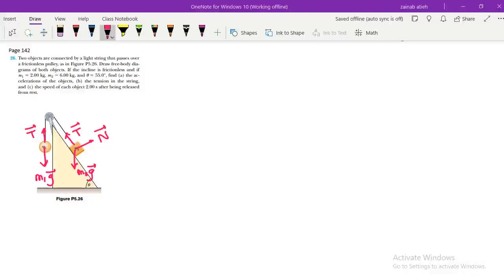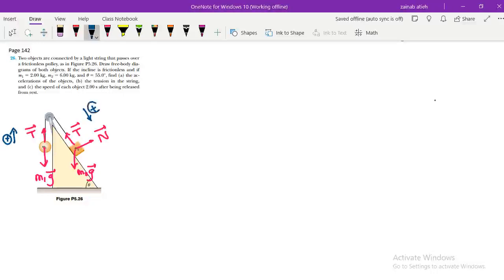Sometimes one will guess that M2 will pull M1, so M2 will go down while M1 is going upward. So in our case M1 will go upward while the positive sense of M2 is downward along the inclined plane. So M2 will be moving like this.